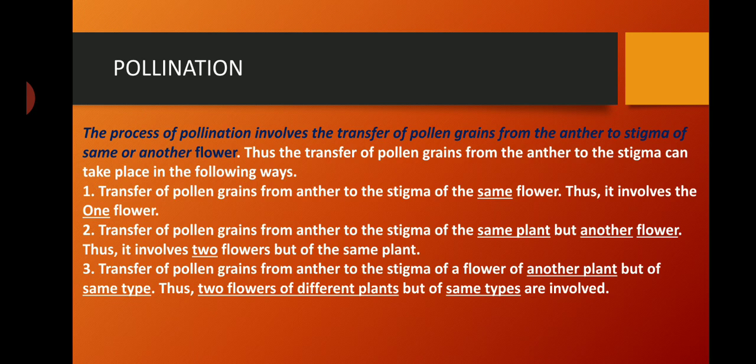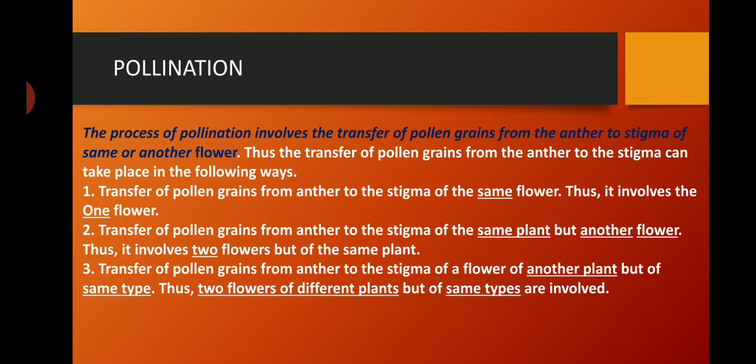Second case, transfer of pollen grain from anther to the stigma of the same plant but another flower. Thus, it involves two flowers but of the same plant. In the second case, there will be two flowers involved.